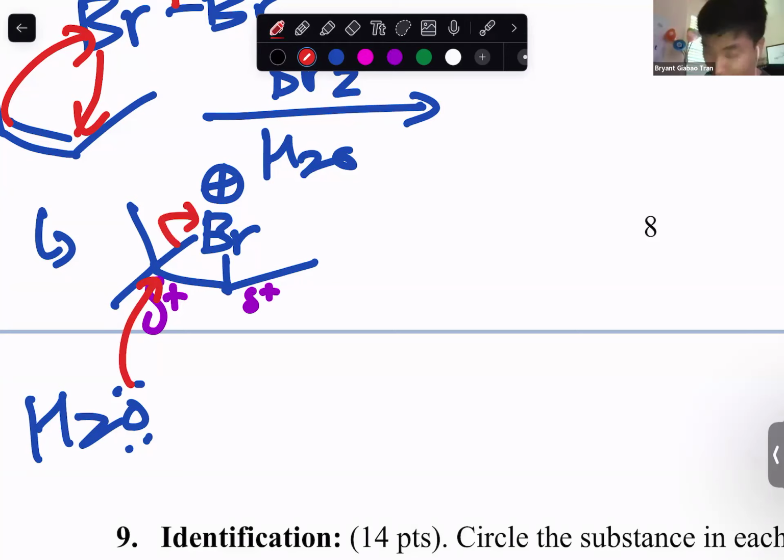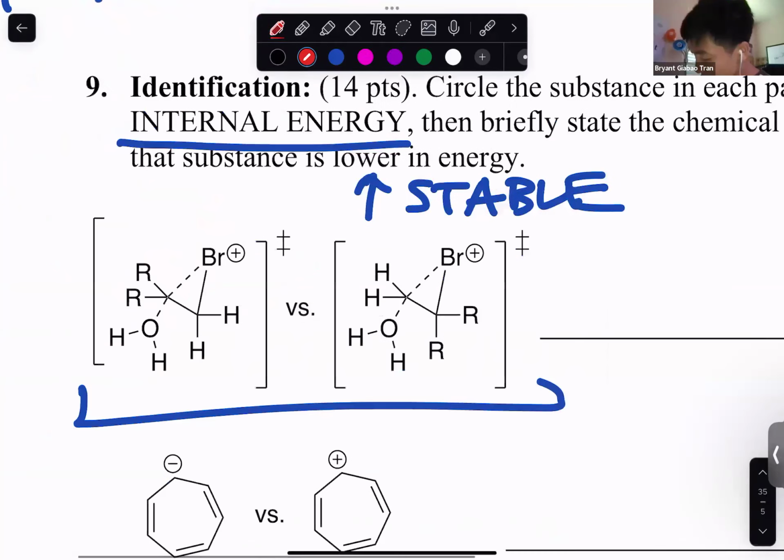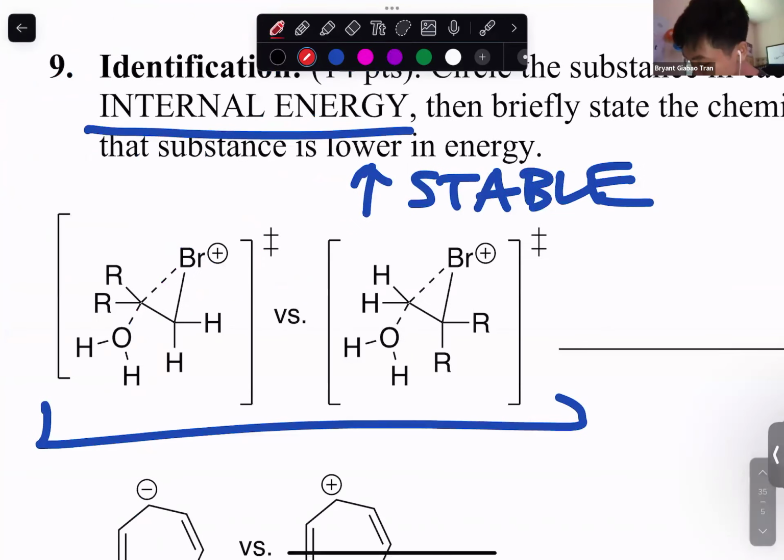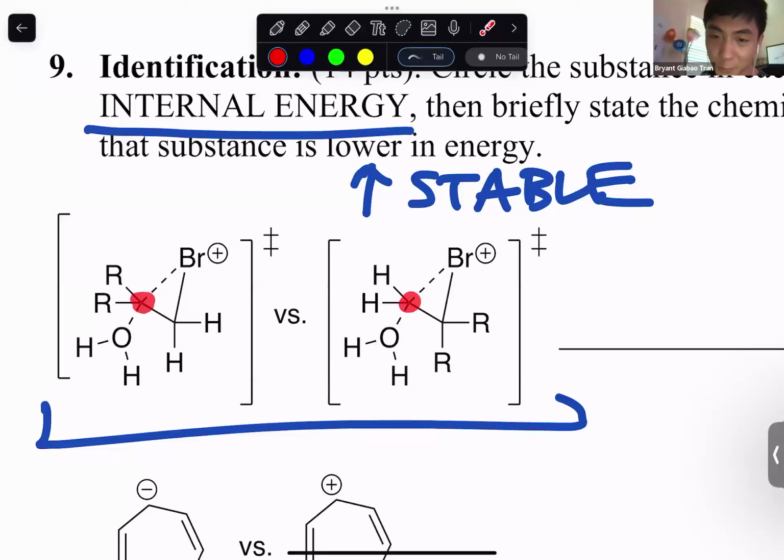So if we look at this one right here, what would you guys say is more stable? The dashed lines here are representing an attack or a bond breaking. Would you say the water wants to attack this carbon or this carbon? The left or right intermediate? Which transition state looks more stable? Which one looks more substituted?